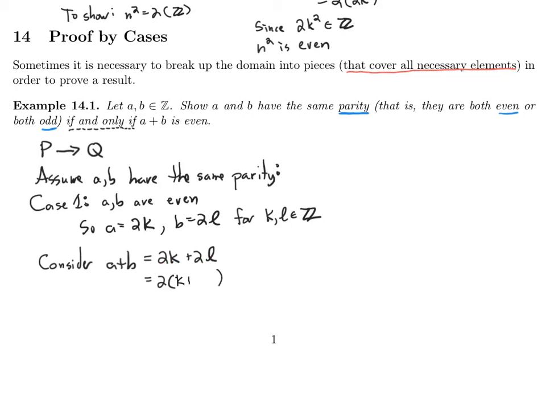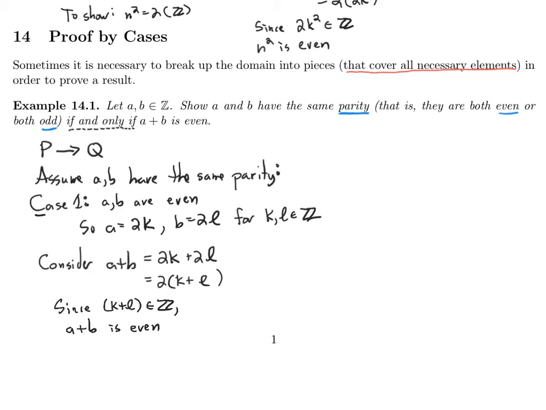So we get k plus L. So here we go. We've done it. We've taken A and B, and we've written it as 2 times some integer. So, as usual, we say, since k plus L is indeed an integer, we have that the sum A plus B is even. So that's the first case.